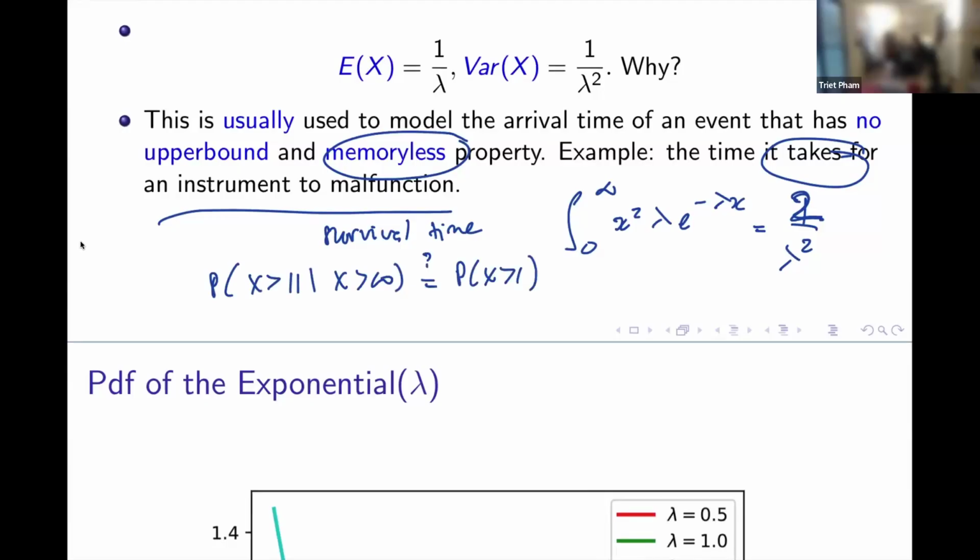Because, at least for me, a new instrument seems less likely to break down than an old one, whatever. And the problem becomes even funnier if you apply that to human survival. And by the way, in the actuarial circle, there is a concept called a hazard rate, where they look at human expiration time, I call it that way.